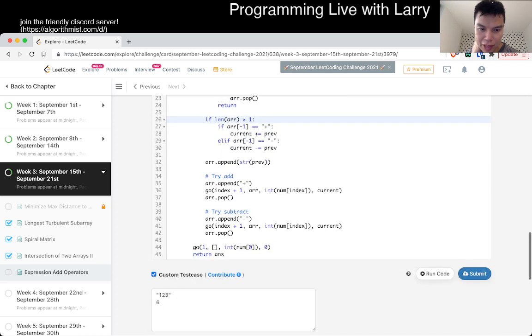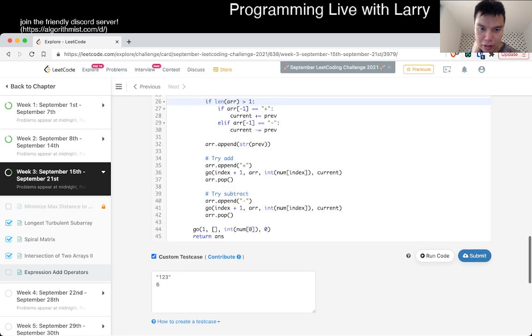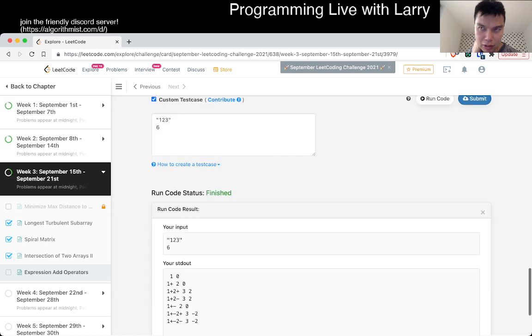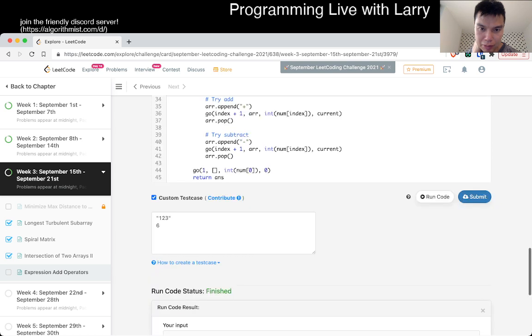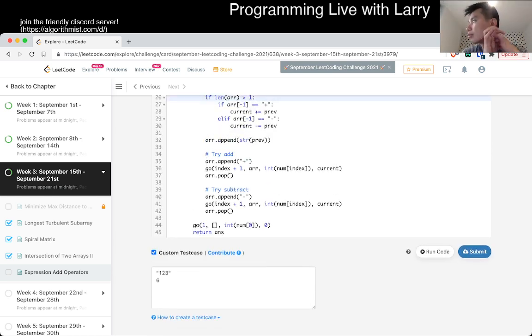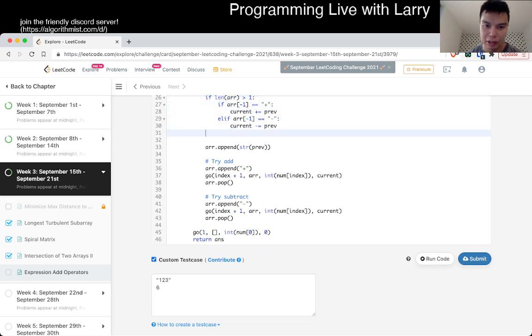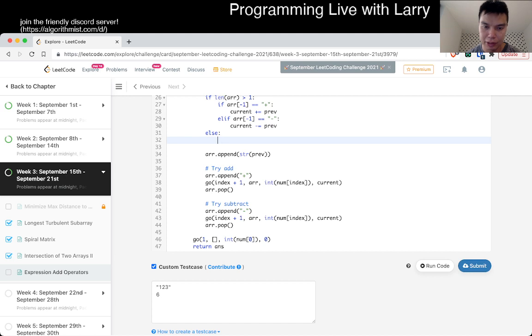The length of the array is greater than 1. Then we have this marker thing. But otherwise, I think this is an extra case where, okay, else current is equal to prev.